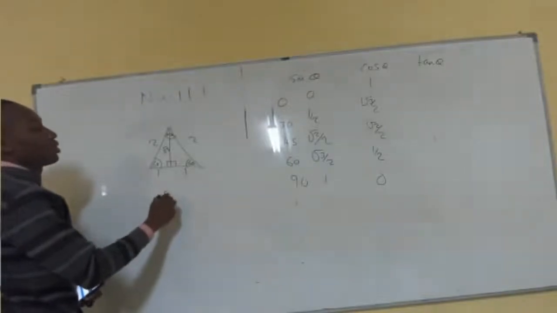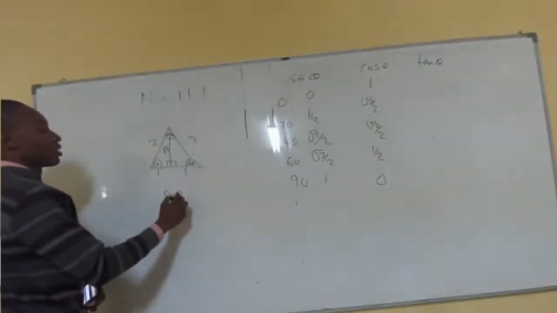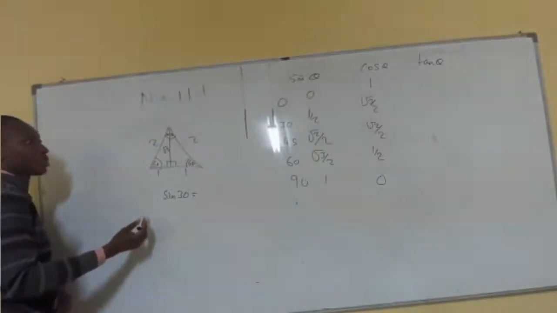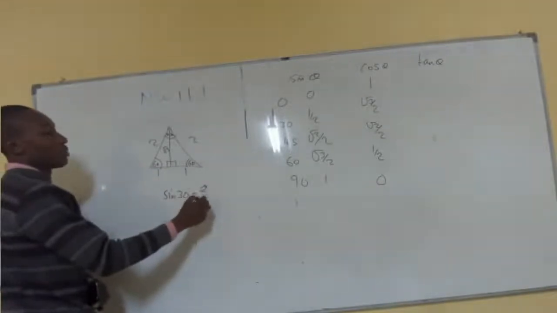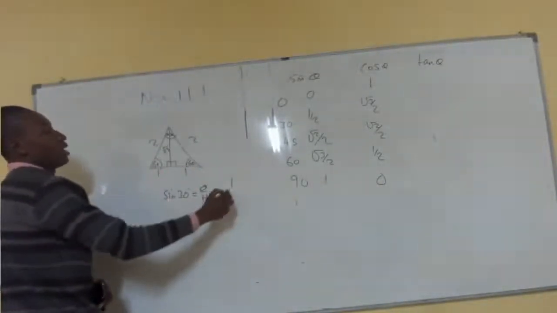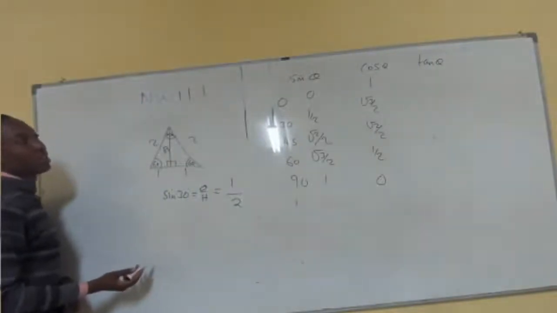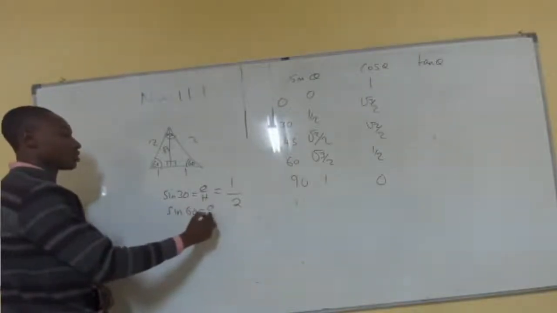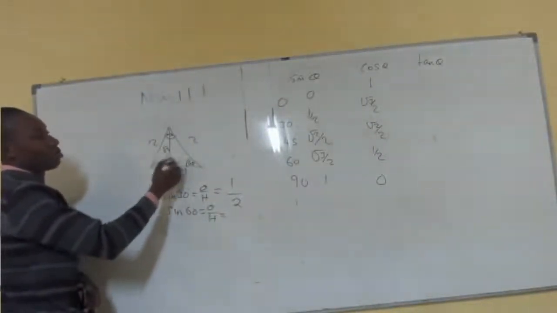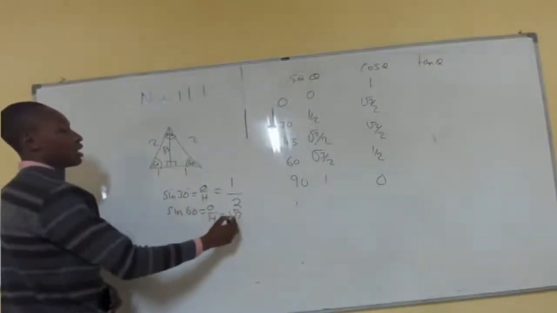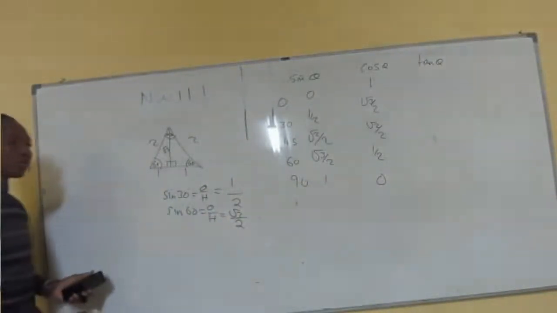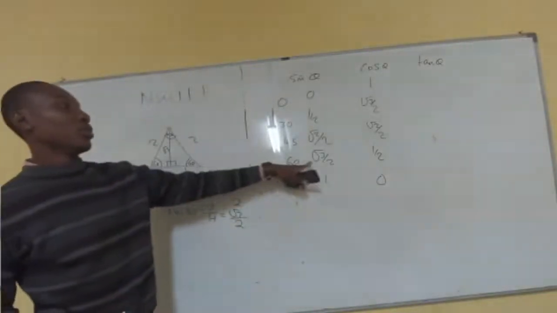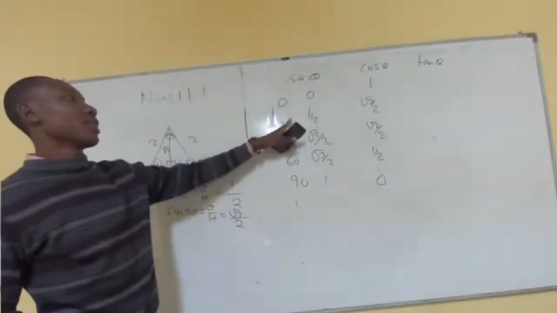If I'm looking for sine 30, sine 30 is opposite over hypotenuse. The opposite is 1 and the hypotenuse is 2, so sine 30 is half. For sine 60, it is still opposite over hypotenuse: the opposite now is root 3 and the hypotenuse is still 2, so you have root 3 over 2.